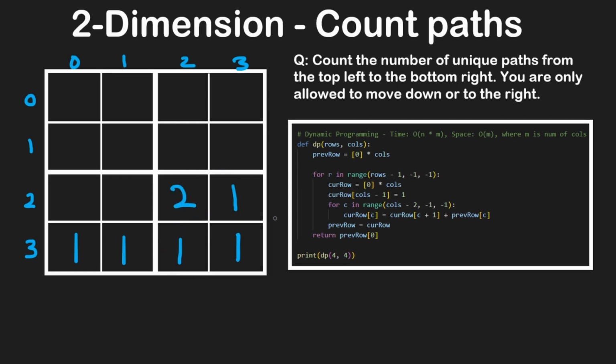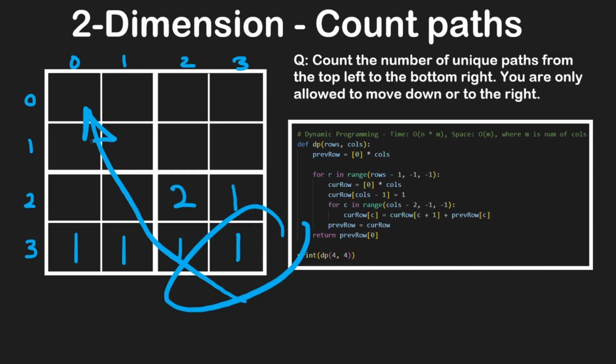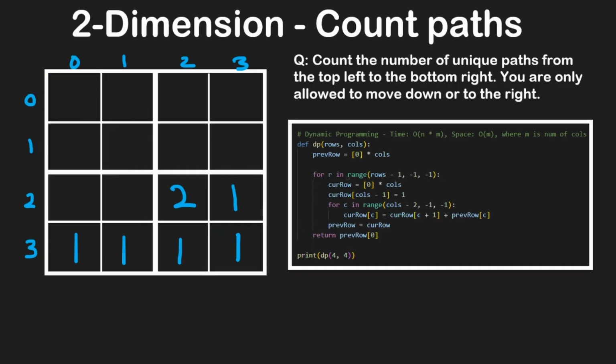So it's going mostly in the same order that our recursive algorithm did and the memoization one did. It's just we're immediately starting at the bottom and working our way up. We're not even making the recursive calls starting from the top. So in terms of code, it would basically be the exact same thing. What we're going to do here is declare a previous row, which is going to be all zeros.